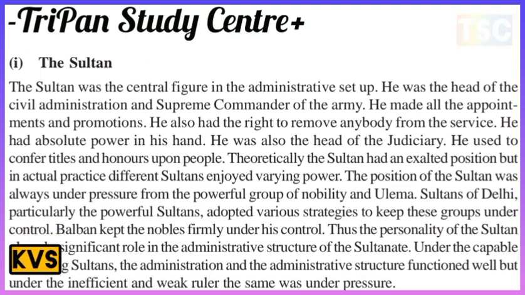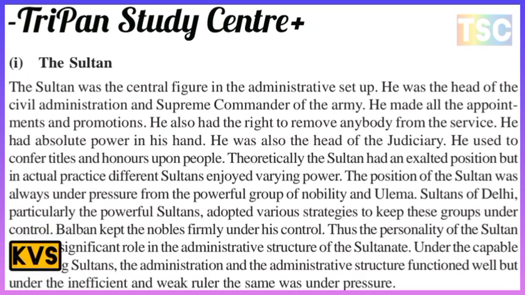He had absolute power in his hands, and he was also the head of the judiciary. He used to confer titles and honors upon people. Theoretically, the Sultan had absolute power, but in actual practice the Sultans enjoyed varying power.